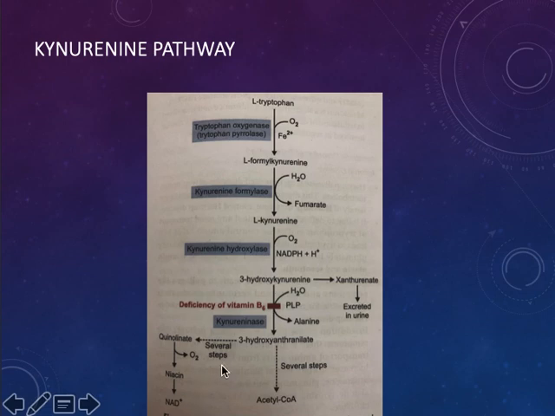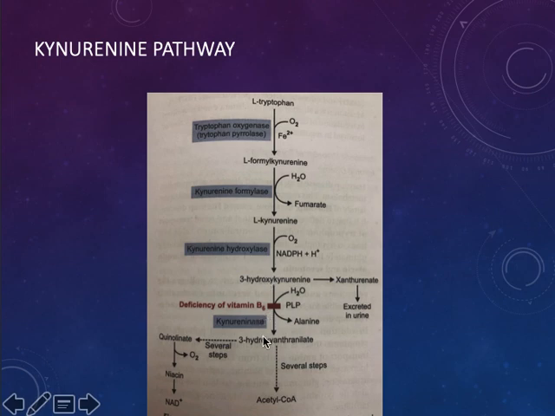So when there is deficiency of vitamin B6, what happens? This 3-hydroxykynurenine will not get converted to 3-hydroxyanthranilate. Instead, 3-hydroxykynurenine gets converted to xanthurenate and gets excreted in the urine. This is whenever there is deficiency of vitamin B6.